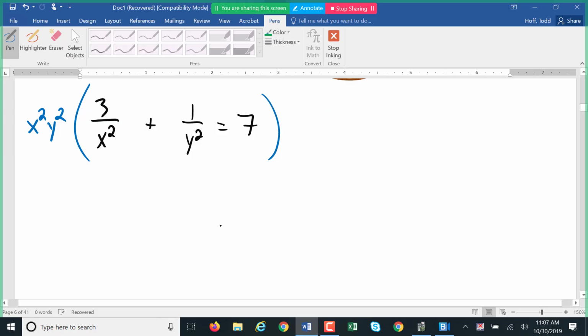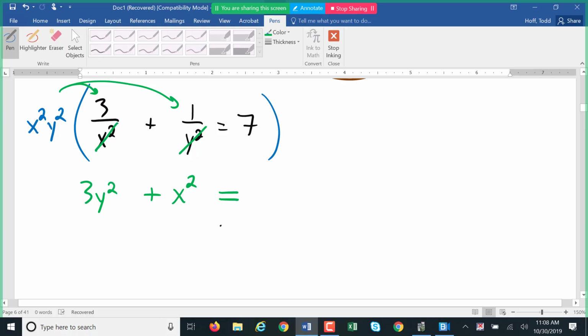This is very similar to the calculation we did with our partial fractions. We distribute the X squared Y squared. On the first term, the X squared cancels out, leaving us with 3Y squared. On the next term, the Y squared cancels out, leaving us with 1X squared, or just X squared.